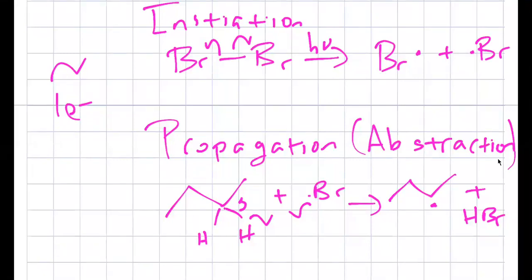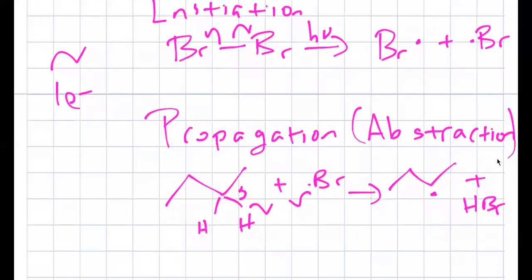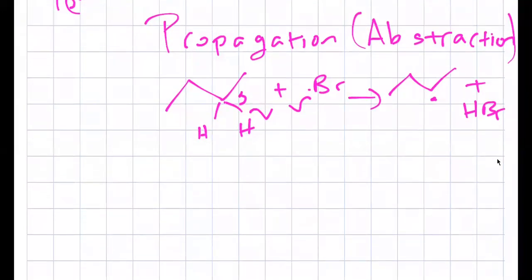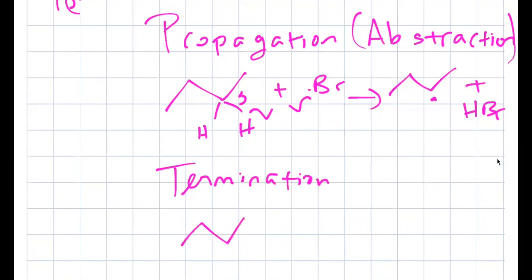All right. So you break that C-H bond, you end up with a radical, and then in termination, what happens? What does terminate mean in a literal sense? It's the end, right? So the goal was to make an alkyl halide. So I take the two radicals and I'm going to combine them.